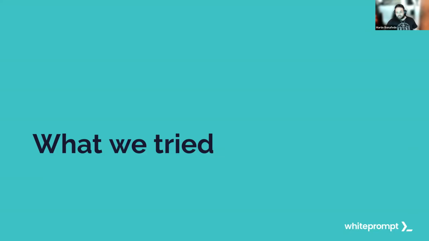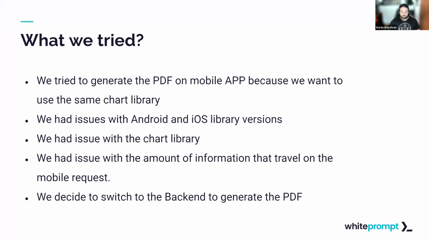So what we tried at the beginning was to generate the PDF on the mobile app. We already have a library of charts in the project, and they are already making some charts. But on Android and iOS they were different libraries with different behaviors and different problems.